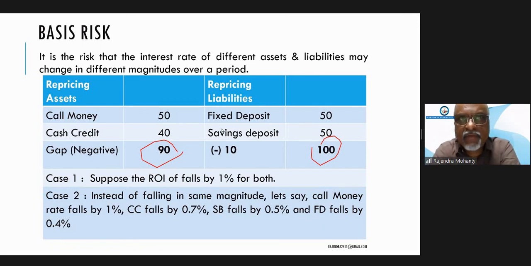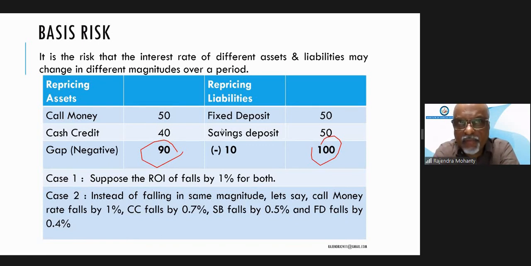Now we'll find how much is affecting our savings and fixed deposit. Savings is 0.25 and fixed is 0.20, right? Yes, sir. So 0.25 and 0.20 means 0.45.